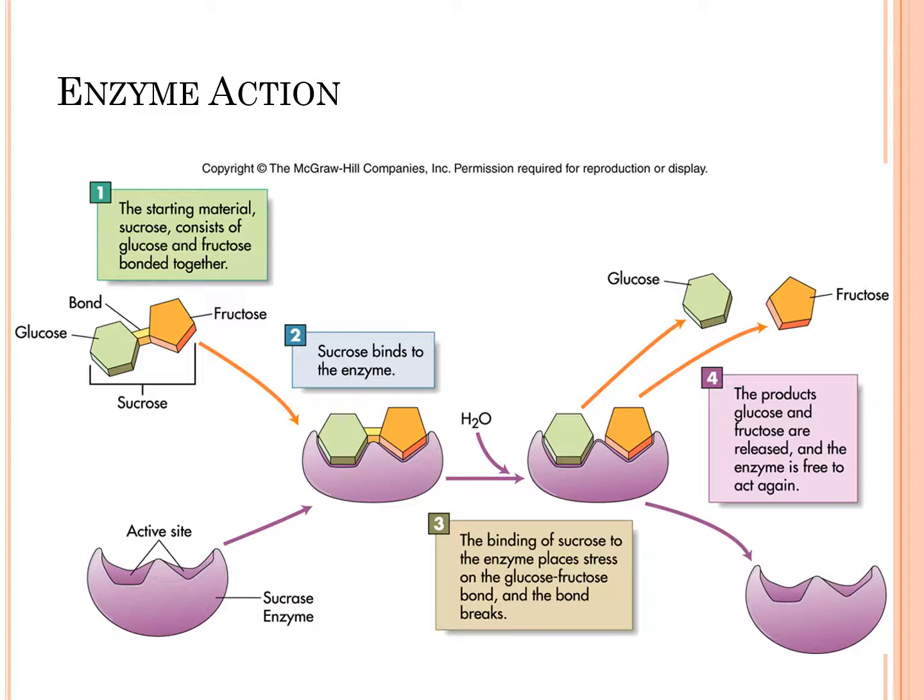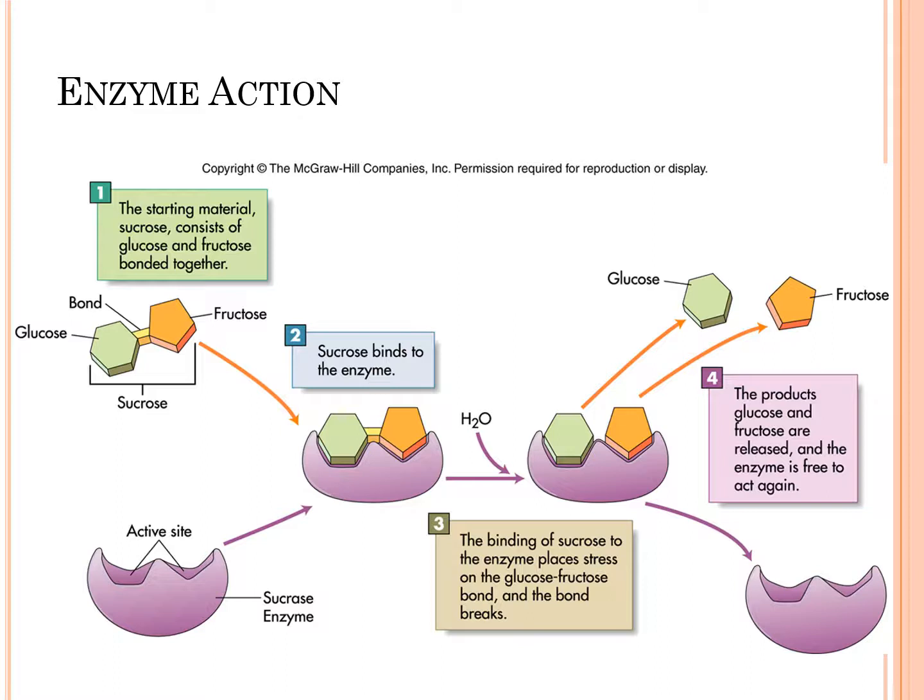Here we have the sucrase enzyme. As a protein, it has a very particular shape. This happens to be the shape that will fit exactly with a sucrose molecule. And when the sucrose molecule comes in contact with the enzyme, the chemical reactions that happen speed up tremendously. And the function of sucrase is to split this disaccharide sucrose into its monosaccharide forms, glucose and fructose.